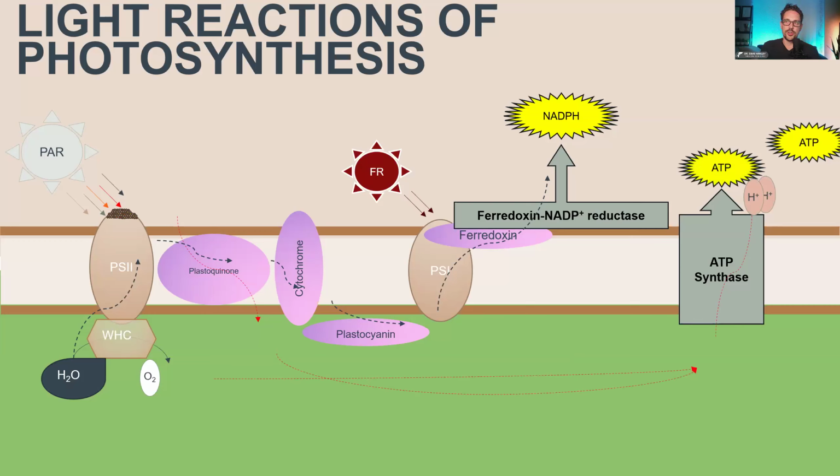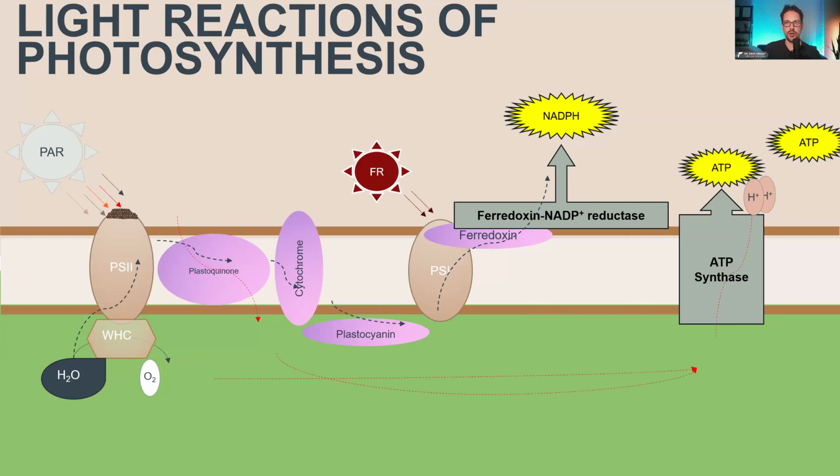The reason I showed you that is because that middle step where far red light is exciting photosystem 1 is really, really important to understand in the context of the Emerson enhancement effect. That step only really needs an energetic boost if everything before that step is going like gangbusters and so much energy is going from photosystem 2 through plastoquinone, through cytochrome, through plastocyanin, that you end up with an energetic backlog at that step.